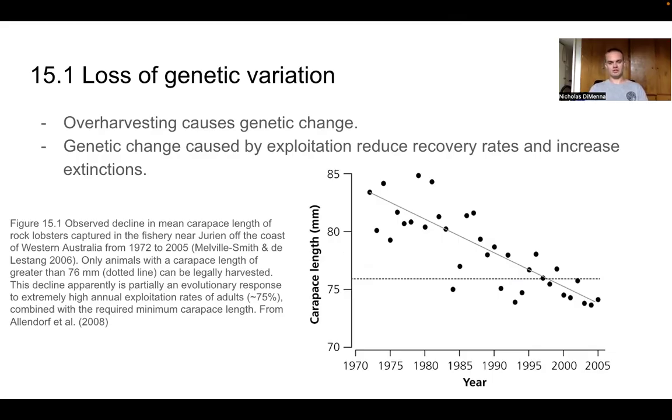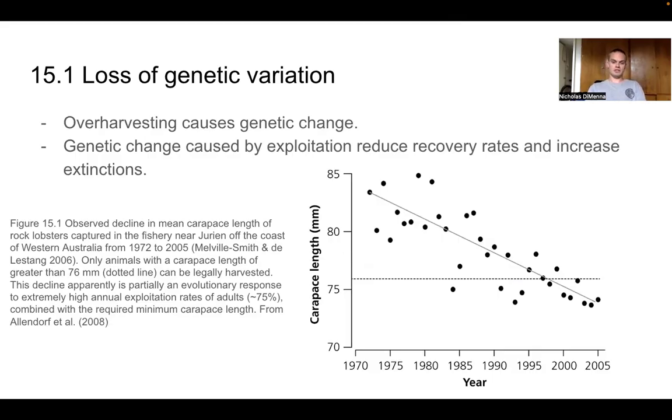The first example that chapter 15 gives for impacts on exploited populations is in the Australian rock lobster. The Melville-Smith and de Lestang study, done from 1970 to 2005, a short 35-year period, on carapace length, basically the size of Australian rock lobsters, shows what happens when we overexploit a population.